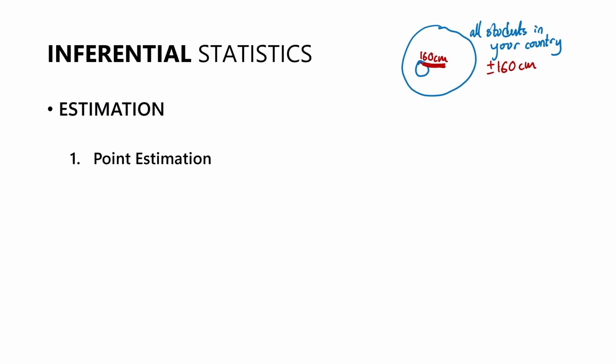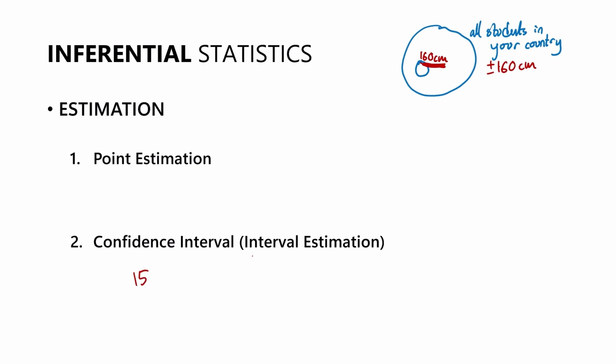And this is because there's always some uncertainty, and that's where the second type comes in, which is the confidence interval, or the interval estimation. So instead of just giving one number, say 160 centimeters, we say that the true population average is probably somewhere around 158 centimeters to 162 centimeters.